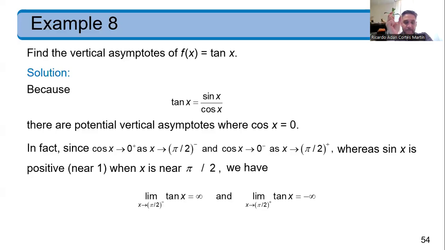Because that is when functions go to infinity. Okay, and when does the cosine function have values of 0? Well, it turns out that every time we have an angle of pi halves, okay?